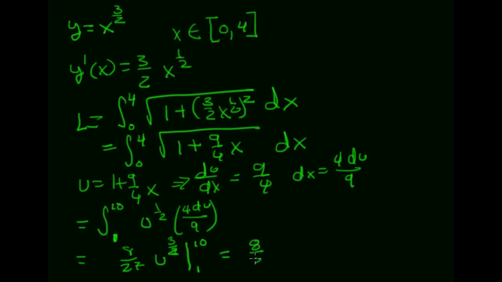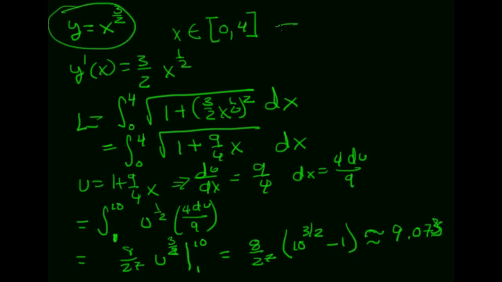So this is 8 over 27 times 10 to the 3/2 minus 1, and that's a complete answer. It's not very satisfying. If you plug that into a calculator and turn it into a decimal, that's going to be approximately 9.073. So the length along this curve, as x is running along that interval, is a little bit more than 9 units.